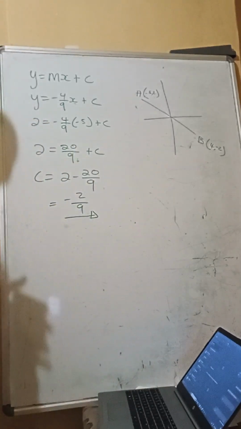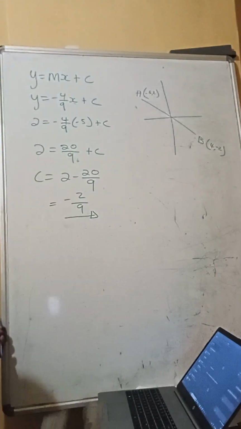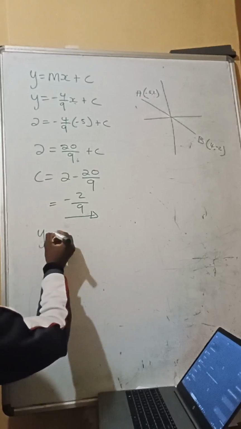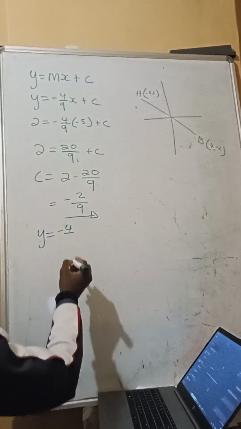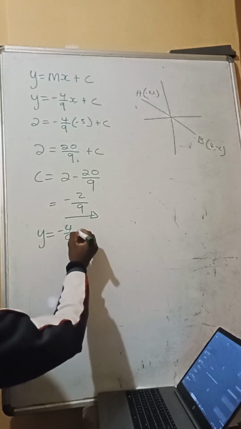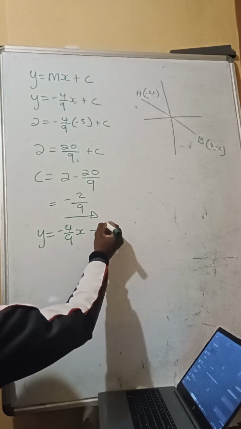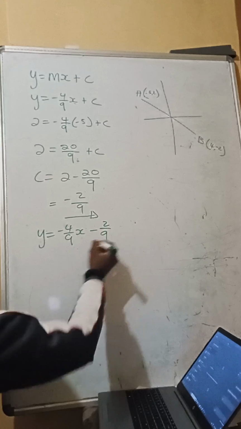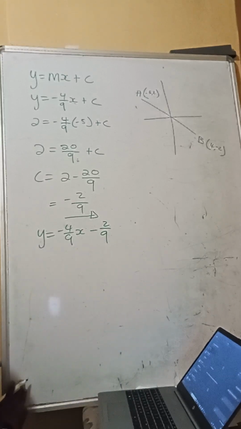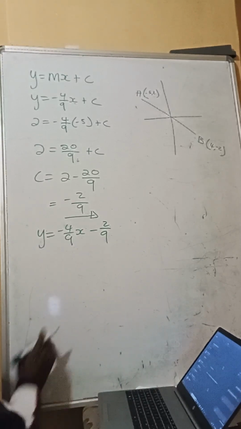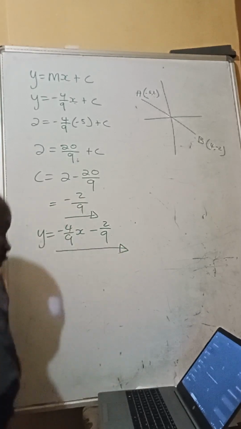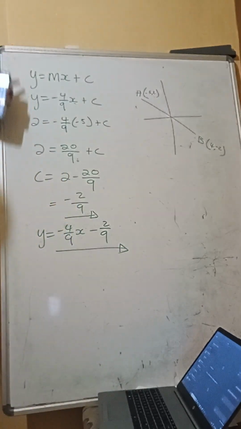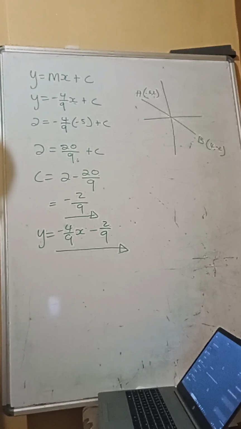So it means now the formula for this line, it is y is equals to, we write our gradient minus 4 over 9 x minus 2 all over 9. So yes, this is the formula for the straight line. So this is how you get to find the formula for this line.